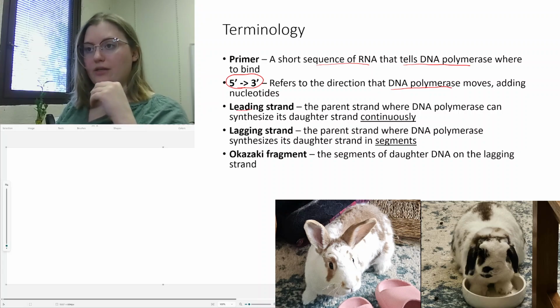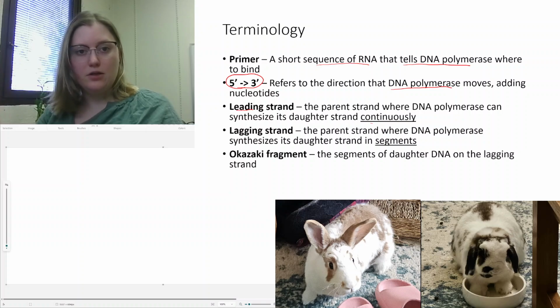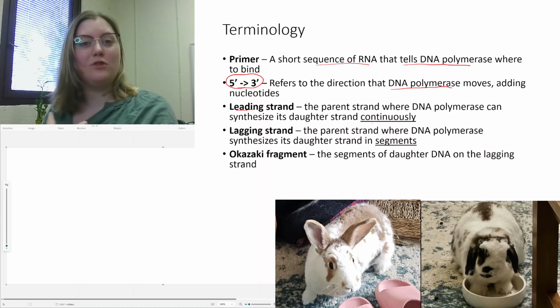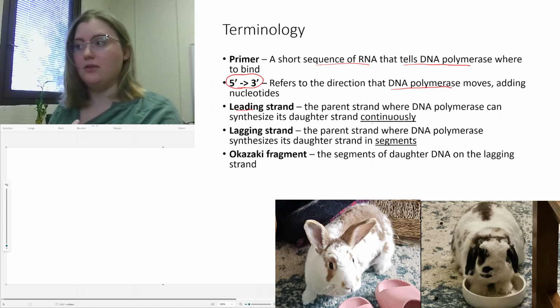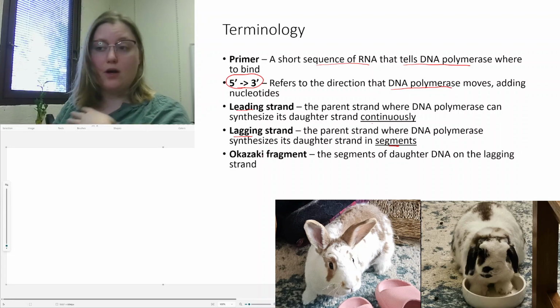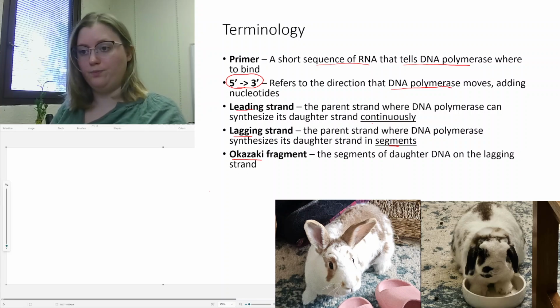The leading strand is the strand that is able to be extended continuously. The lagging strand: remember our strands are anti-parallel, so while one can extend continuously, the other one gets replicated in fragments, and that's called the lagging strand, okay? And those fragments on the lagging strand are called Okazaki fragments, okay?